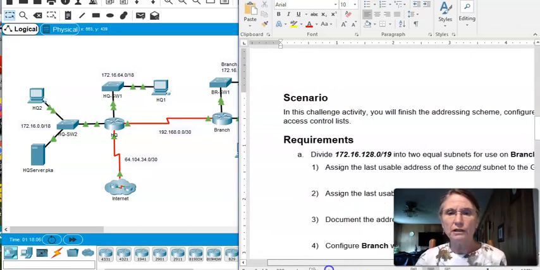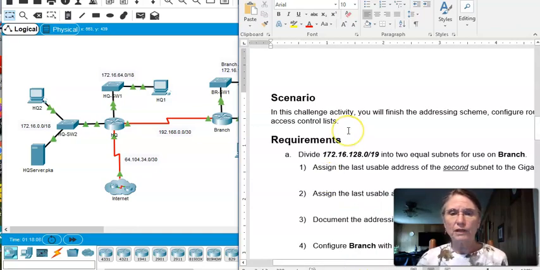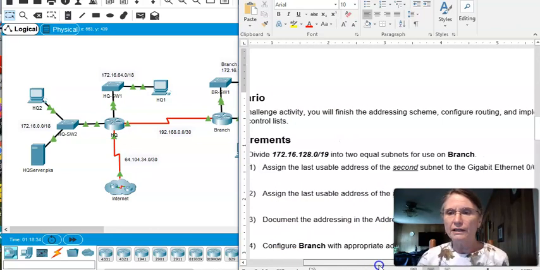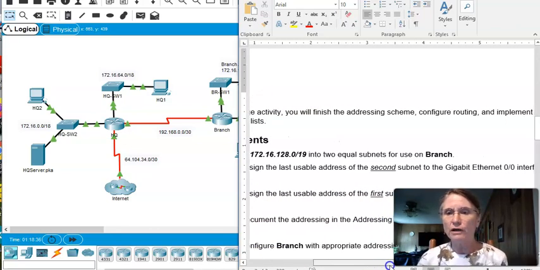So let's begin by looking at the scenario and some of the initial requirements. You're going to finish an addressing scheme. There's some review for you in recalling all of the learning that you've absorbed thus far on creating a subnet from a given network root and subnet.